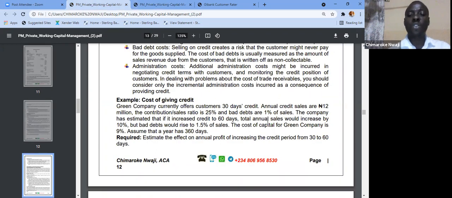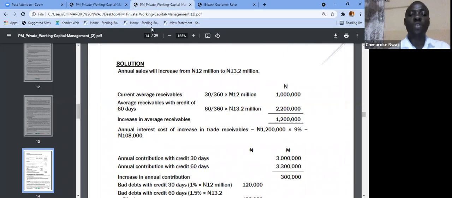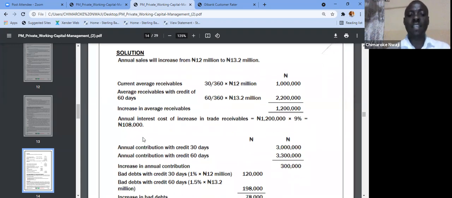The cost of capital for Green company is 9%. So you look for 9% of 1.2. That gives us 108,000. It means that the finance cost for this increase alone is 108,000.